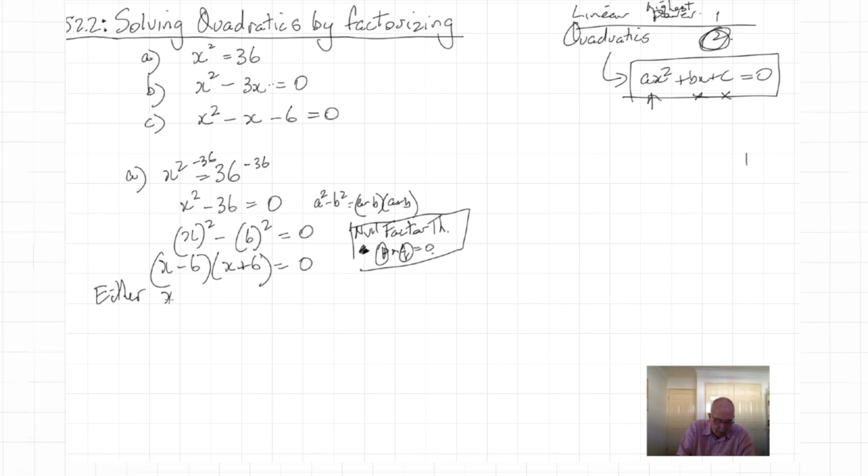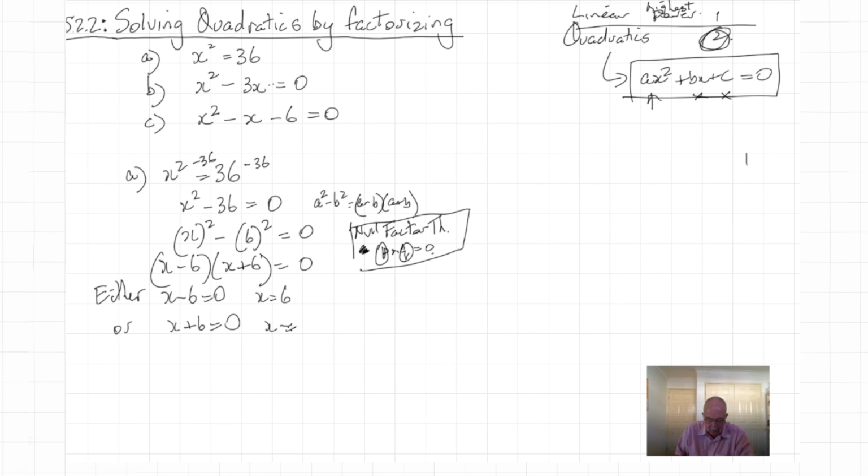The only way when you multiply numbers together to get 0 is if one of them is 0. And that's the null factor theorem. So by the null factor theorem, either this first bracket is 0 or this second bracket is 0. You don't know which one. Either x minus 6 equals 0. Now that's a nice little linear equation you can solve. Add 6 to both sides and you get x equals 6. So 6 will make the first bracket equal to 0, or the second bracket is equal to 0.